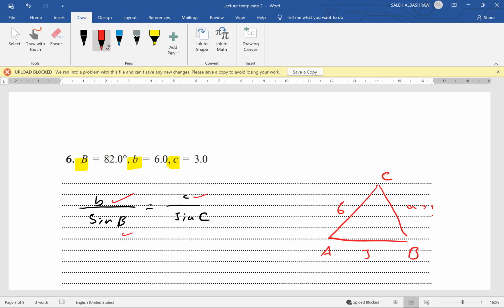So I can use this to find the sine of C. Small b is equal to, by multiplication divided by b, I will have small c multiplied by sine capital B divided by small b.